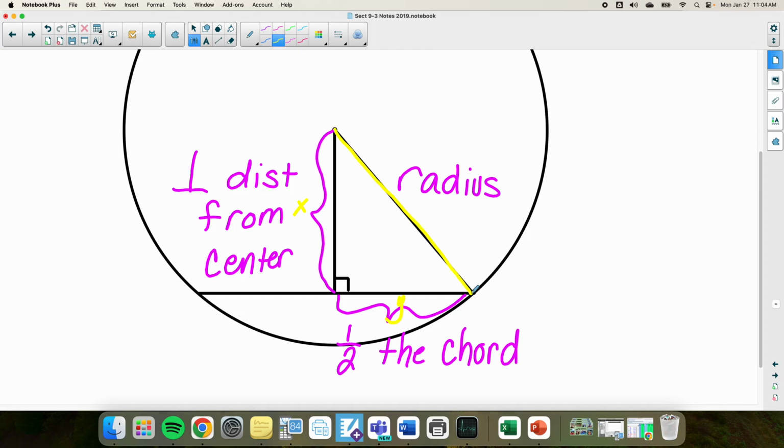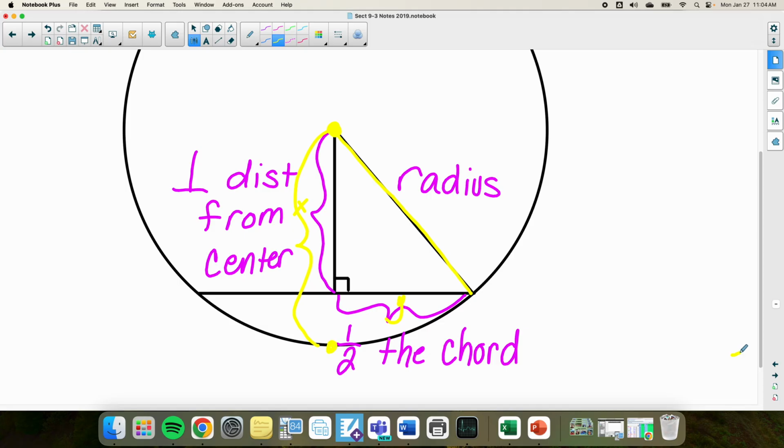The radius would also be this whole distance if I connected from this point to this point. The radius would be that whole distance too. But for these problems, I put the radius as the hypotenuse of this right triangle.